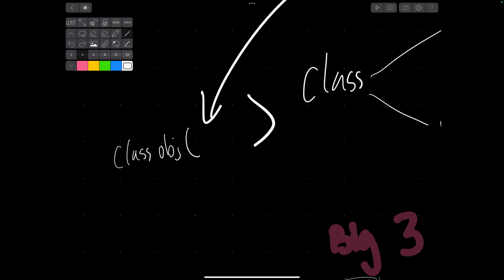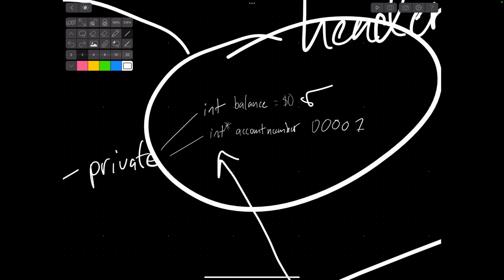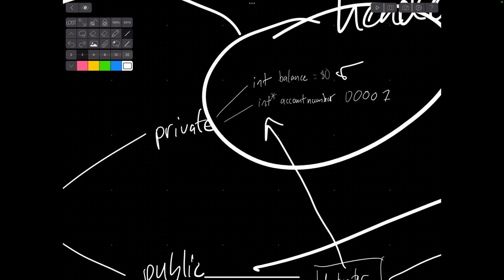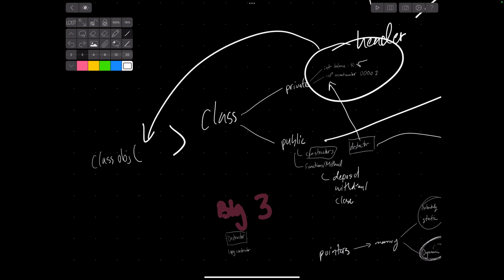What we're essentially doing here is asking it to copy over all of these values into this new class object. And that's when the copy constructor is called.